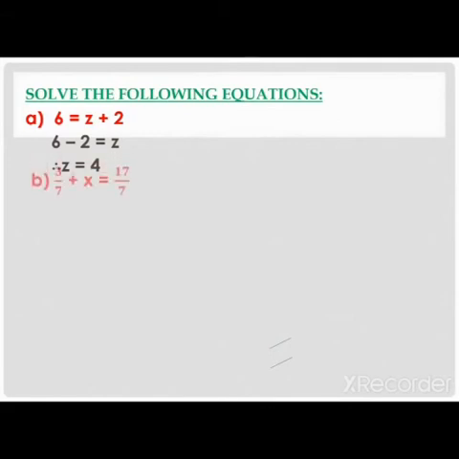Next question is 3 by 7 plus x equal to 17 by 7. Now here 3 by 7 is with the variable. So, we have to put variable on one side and constant on the other side.